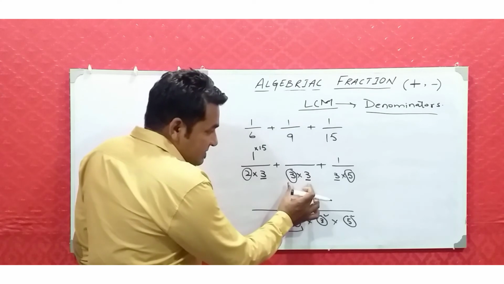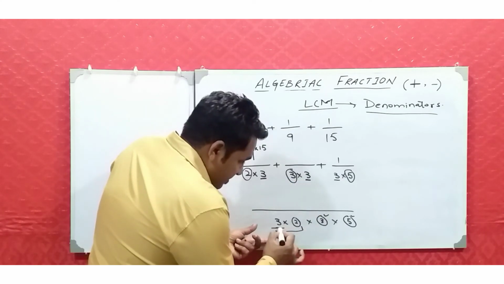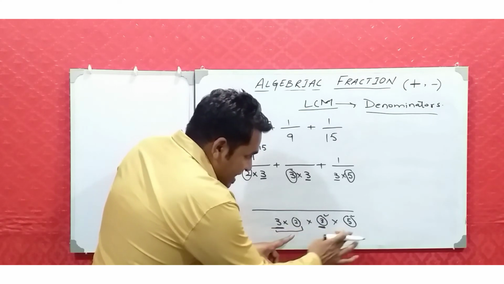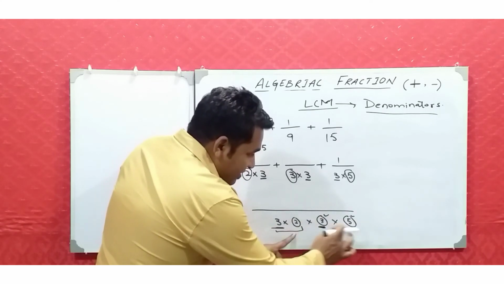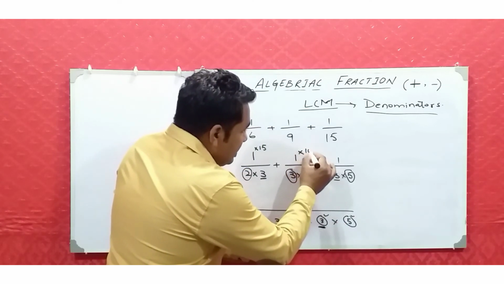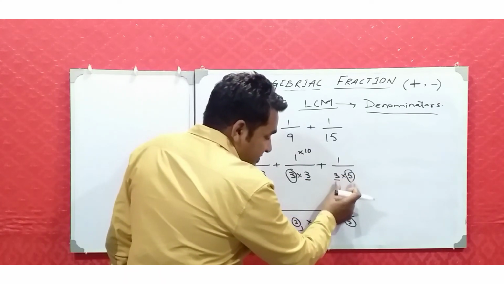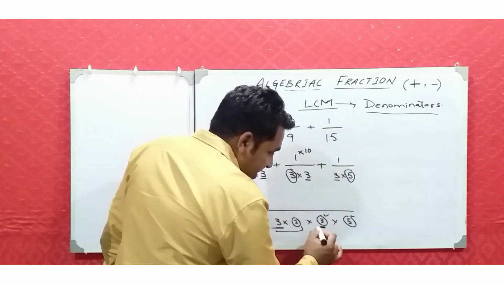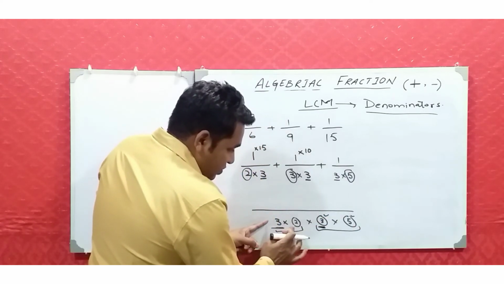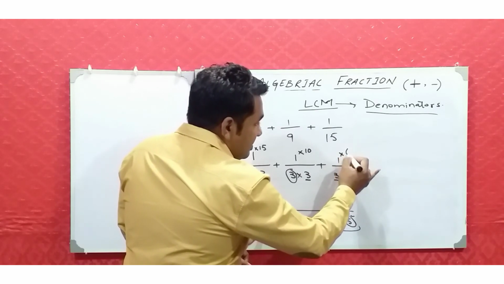Now look at this, this is 3 and 3, 3 3s are 9. This 3 and this 3 in a product make 9, and 2 and 5 are left over, so 2 and 5 multiply and it becomes 10, so this one will multiply by 10. This 3 and 5 make 15, and this product is left over, so 2 3s are 6, and by this we will multiply this 1.